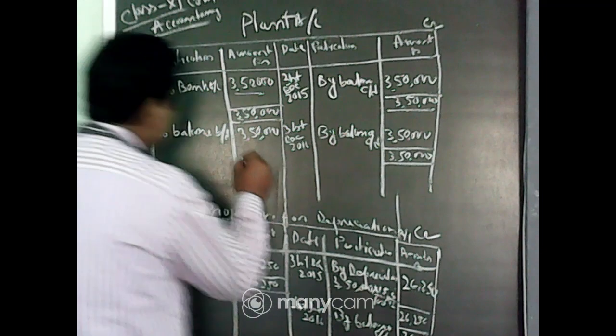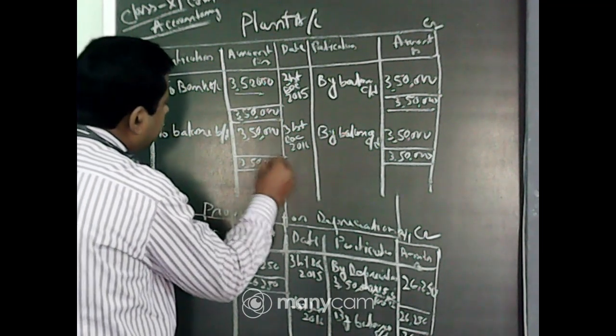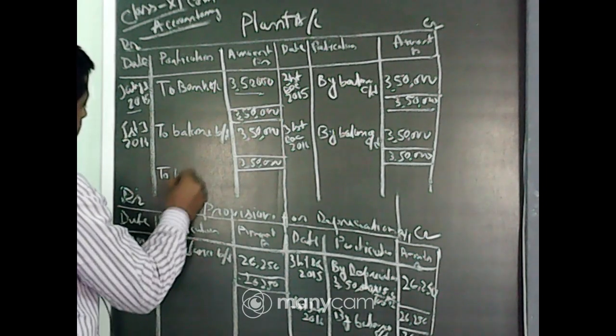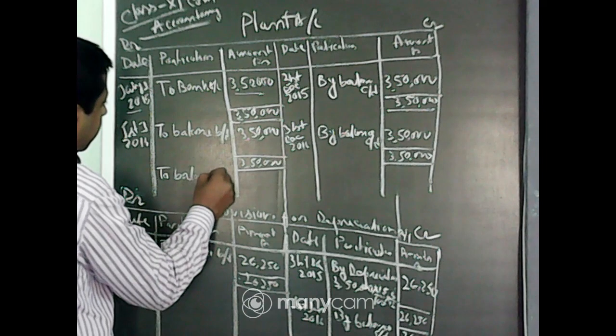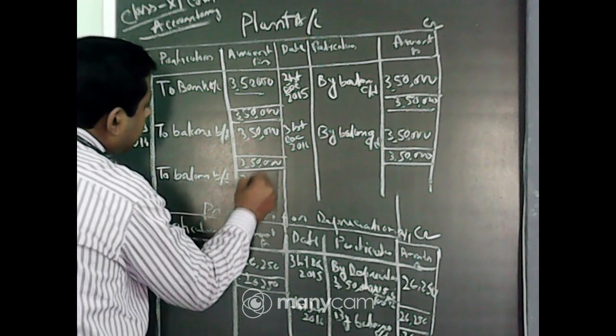Where do we charge the depreciation? We charge the depreciation in the provision for depreciation account. Now, to balance BD, here also 3,50,000.